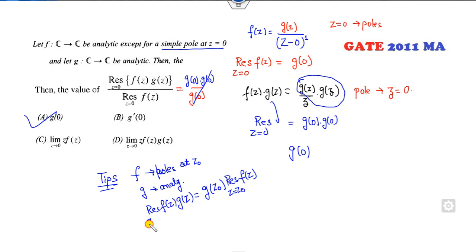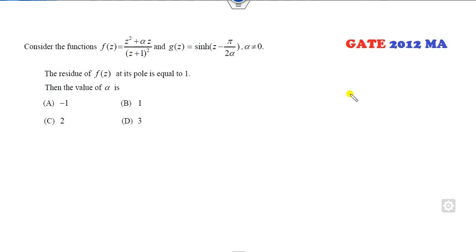This is what I gave you in the starting tips. So if you compare them, z0 is my 0, so this is my g of 0, and this is the residue of f at the point z0. I can divide them, which is nothing but g of 0. If you remember my shortcut tricks from earlier, then you can get your answer in 15 seconds, otherwise 15 to 20 seconds.